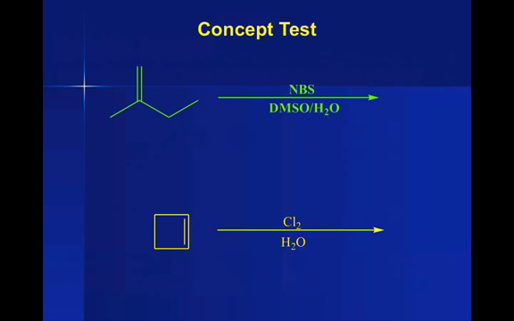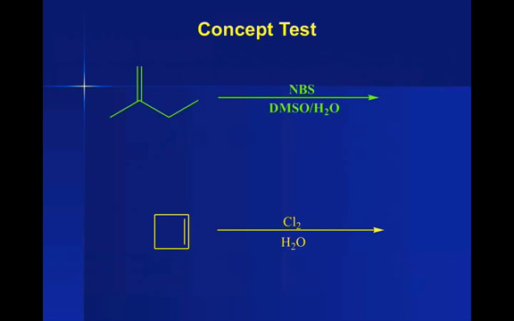Is there any stereochemistry that I have to be concerned with? It is going to be racemic. I do have one stereocenter, right? But do I have two stereocenters?